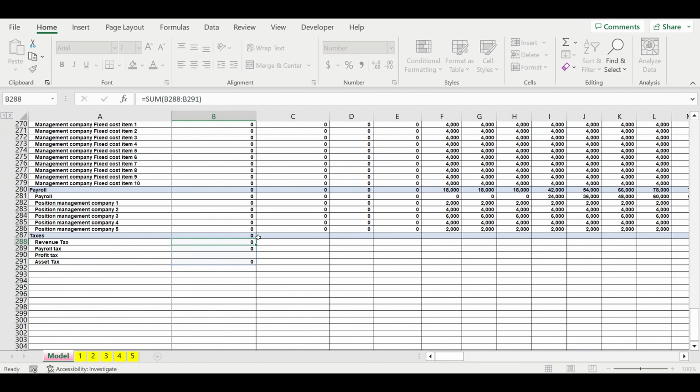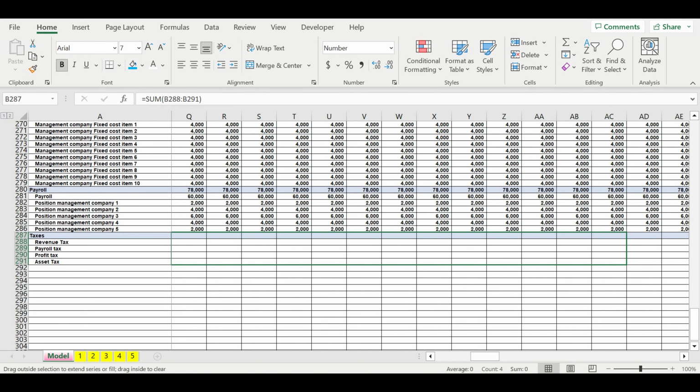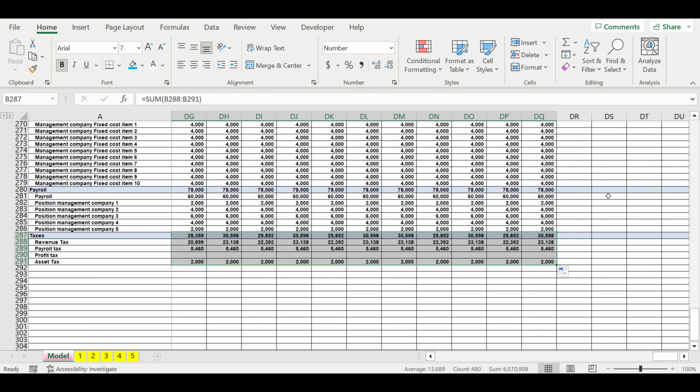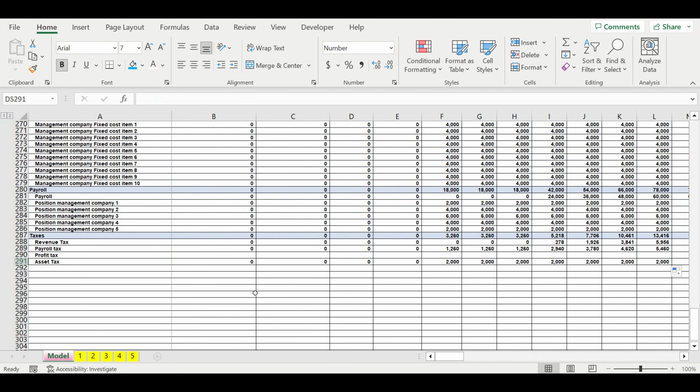So as you can see, we are not pasting any manual data inside the cash flow statement. We were using only formulas here. So if we want to displace the project in timeline, we can easily do that.